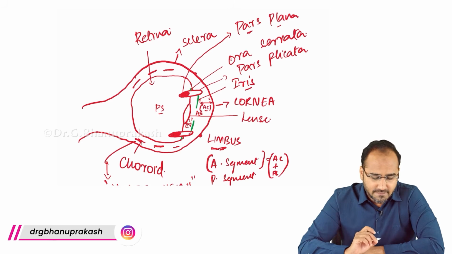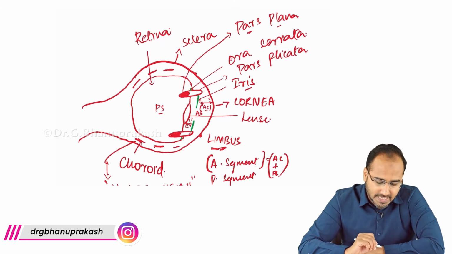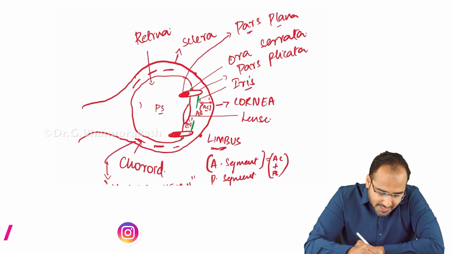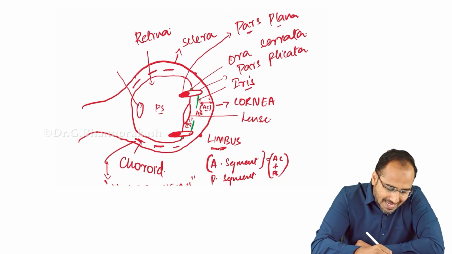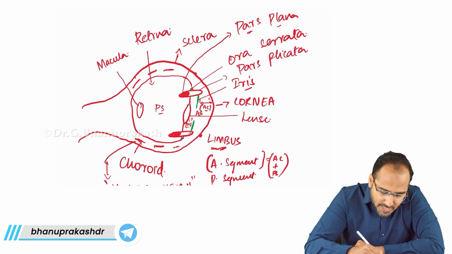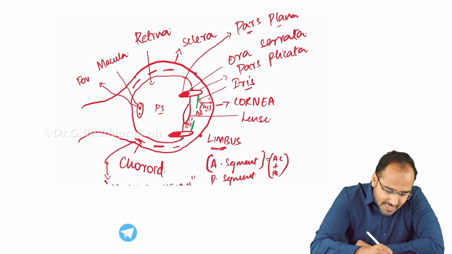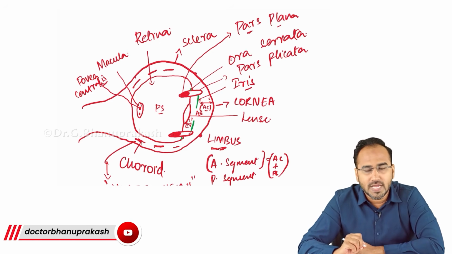So anyways guys, we are discussing the anatomy of the eye, the second layer. The third layer is called the retina. Now, in the center of the retina, you see a structure called the macula. In this macula, you have light sensitive structures called the fovea centralis.